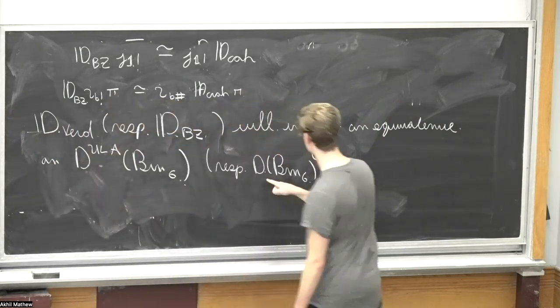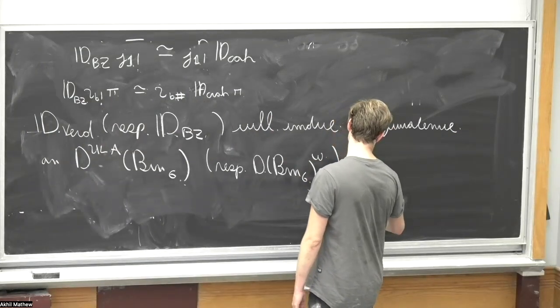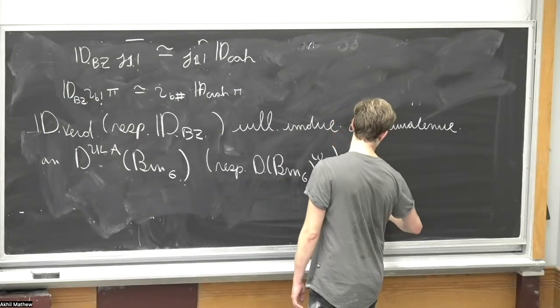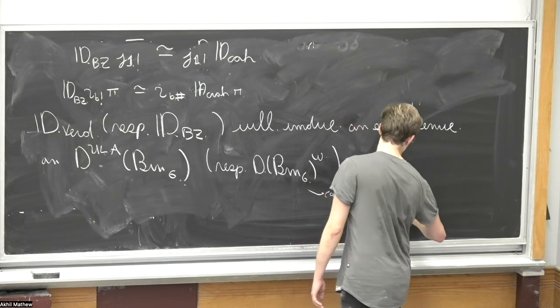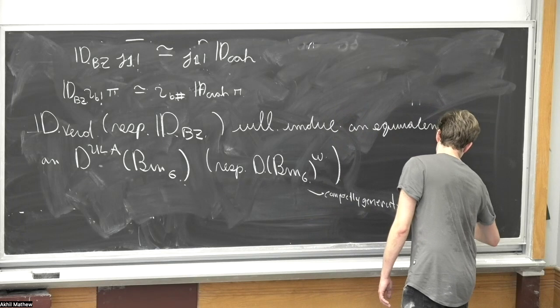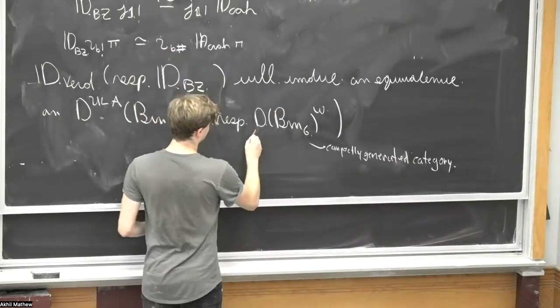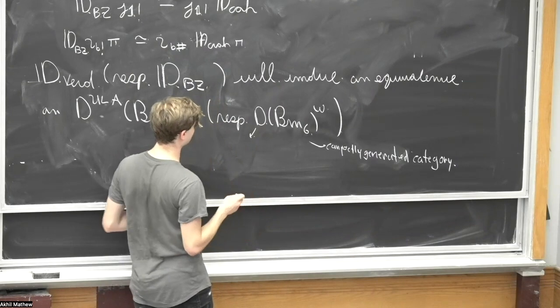This actually ends up being a compactly generated category, just proven in Fargues-Scholze, along spiritually very similar lines to the work of Drinfeld and Gaitsgory in the function field case. But actually, you can write down explicitly what it means to be compact.